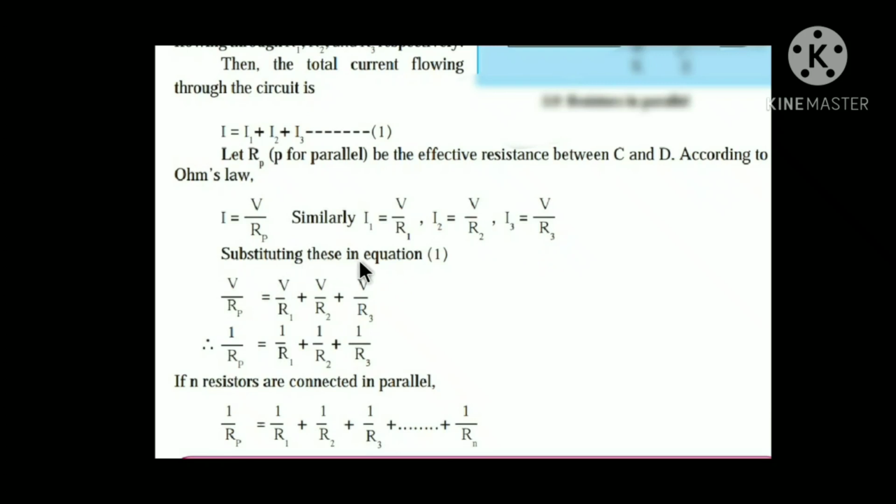Substituting these values in equation 1, V upon Rp is equal to V upon R1 plus V upon R2 plus V upon R3. So 1 upon Rp is equal to 1 upon R1 plus 1 upon R2 plus 1 upon R3. If n resistors are connected in parallel, then 1 upon Rp is equal to 1 upon R1 plus 1 upon R2 plus 1 upon R3 plus 1 upon Rn, the number of resistors.